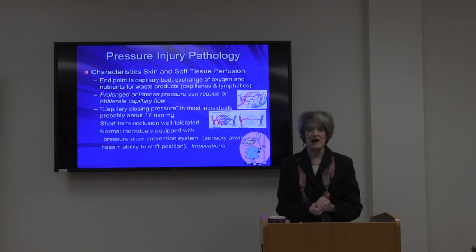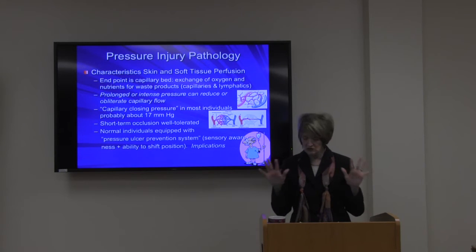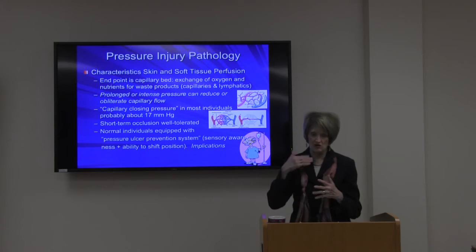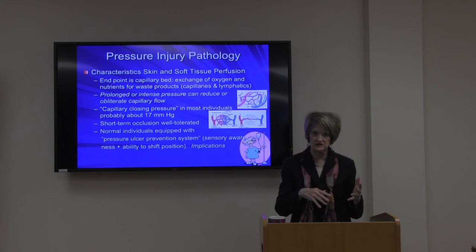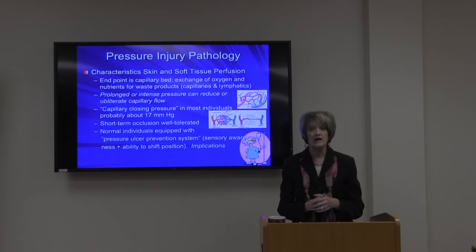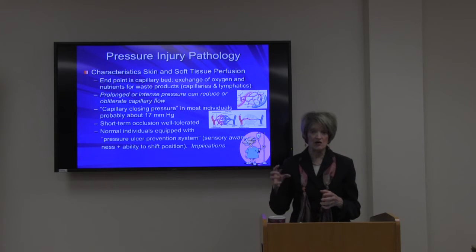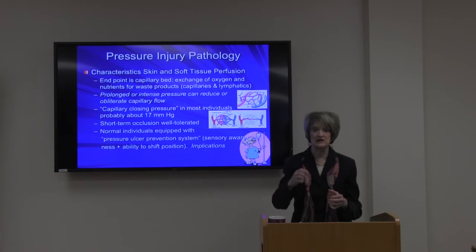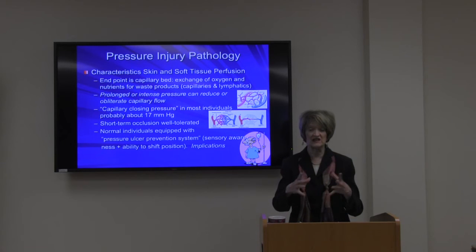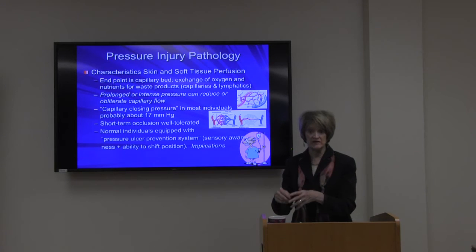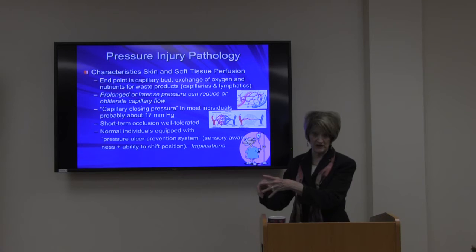So let's talk about normal tissue perfusion. And of course, you know all this. You know that you have the arterial system, the venous system, the lymphatic system. You know that in the arterial system, you start out with big arteries, smaller arteries, then eventually arterioles, then the capillary bed, then the venules, smaller veins, larger veins, big veins.